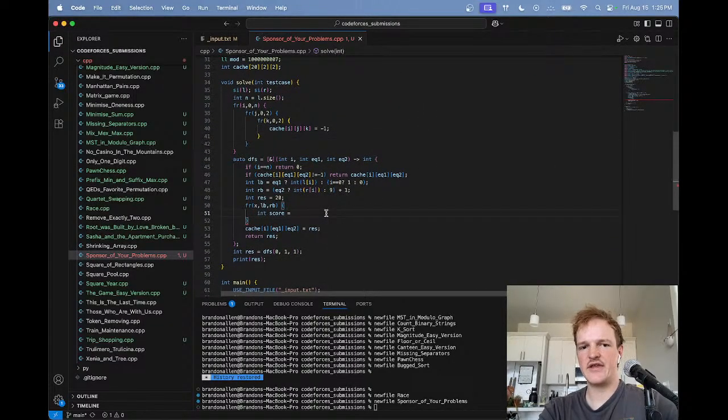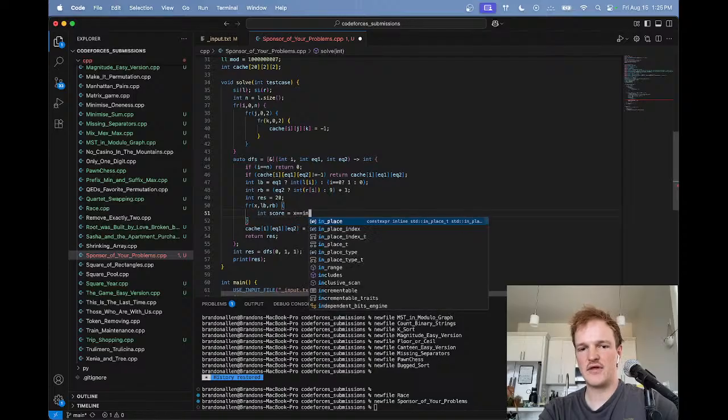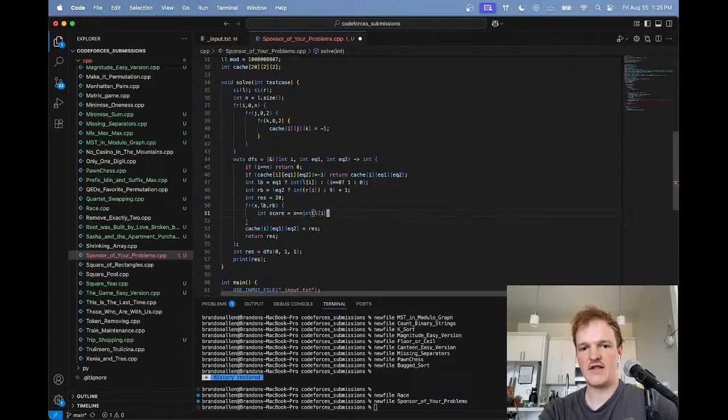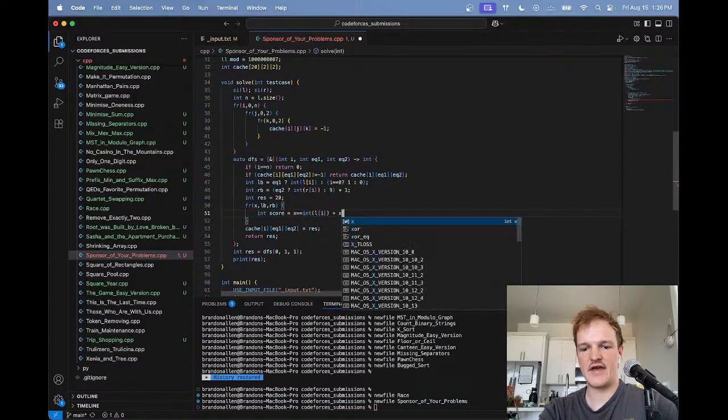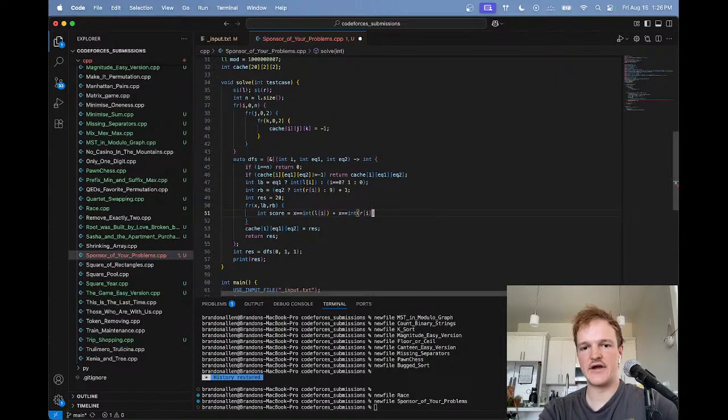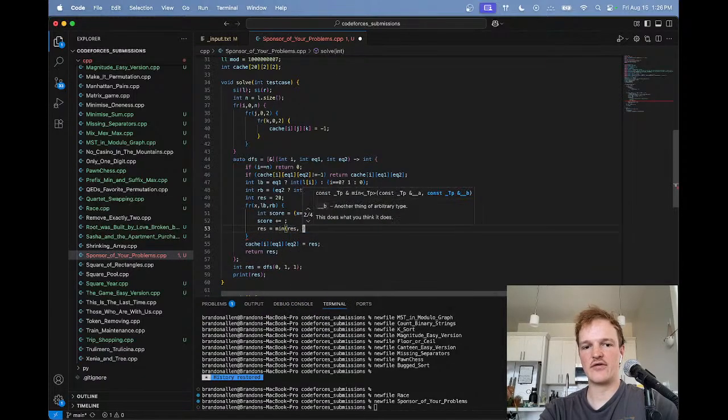Score is going to be x equals int L at I plus x equals int R at I. So if it's the same as either of these, add that score in. Score plus equals something, res equals min res score, and then return res.